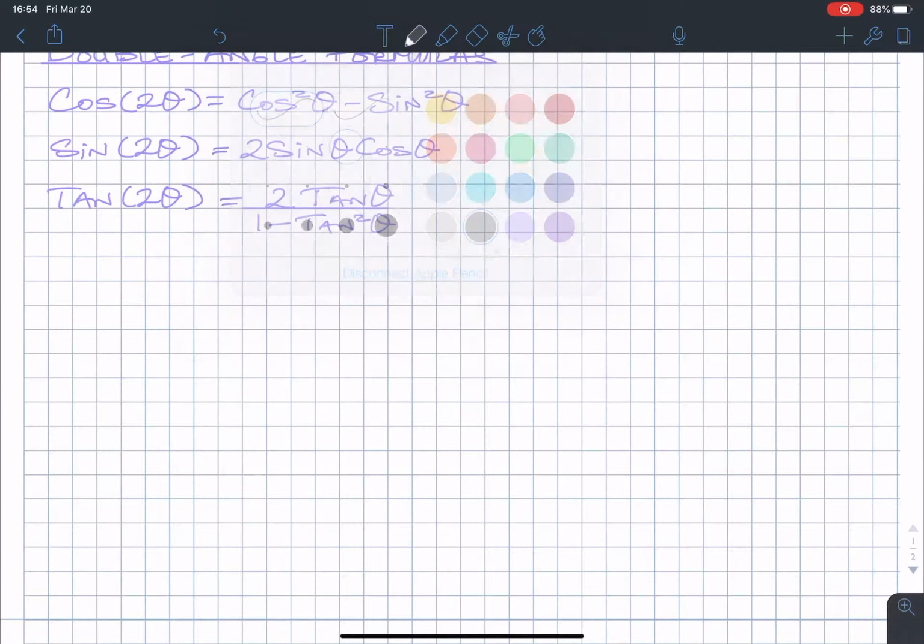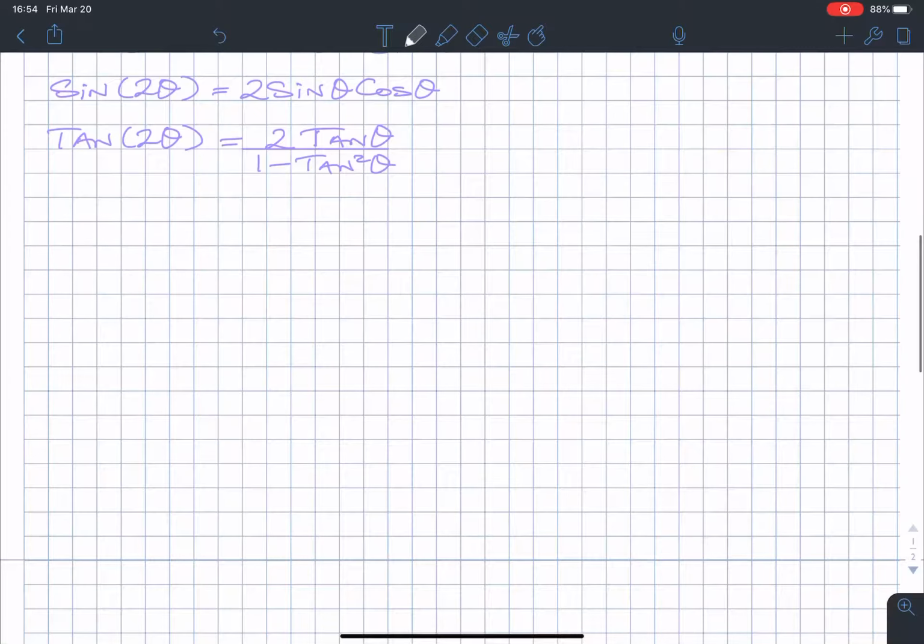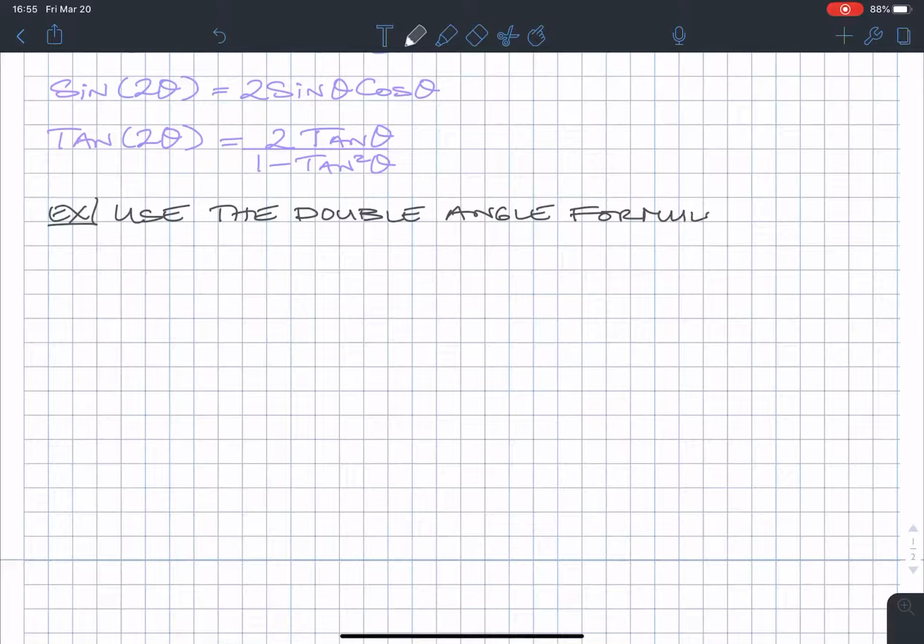So for example, use the double angle formulas to evaluate the following.